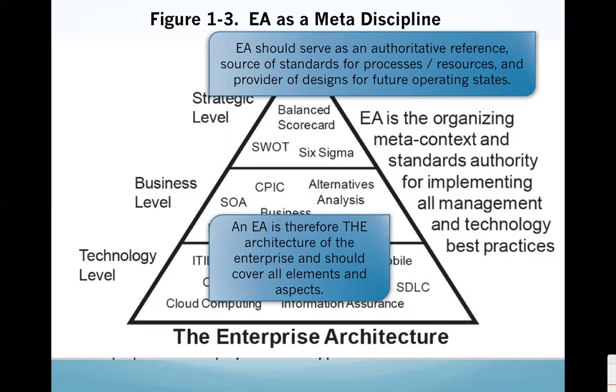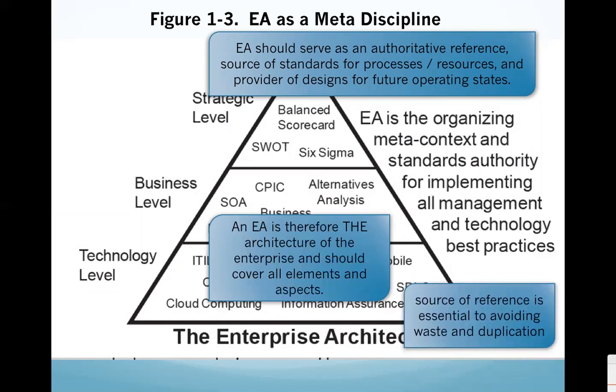And EA is therefore the architecture of the enterprise and should cover all elements and aspects. So you turn to EA when you're making decisions on purchasing new resources. You want to make sure that it fits with the reference architecture. And we'll talk about that more.